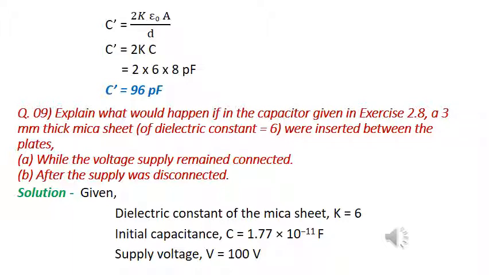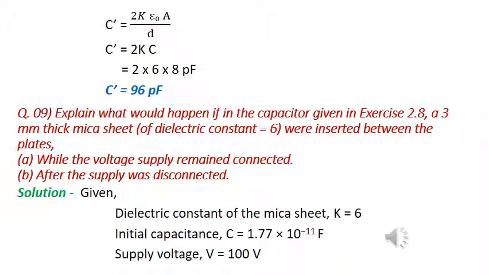In this question, it is given that a 3 mm thick mica sheet having dielectric constant 6 is inserted between the plates of the capacitor in exercise 2.8. What will happen when the voltage supply remains connected and when the supply is disconnected?